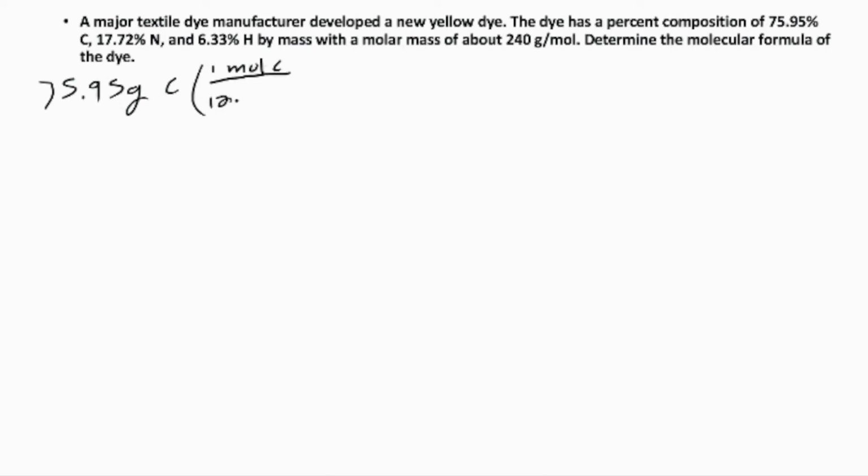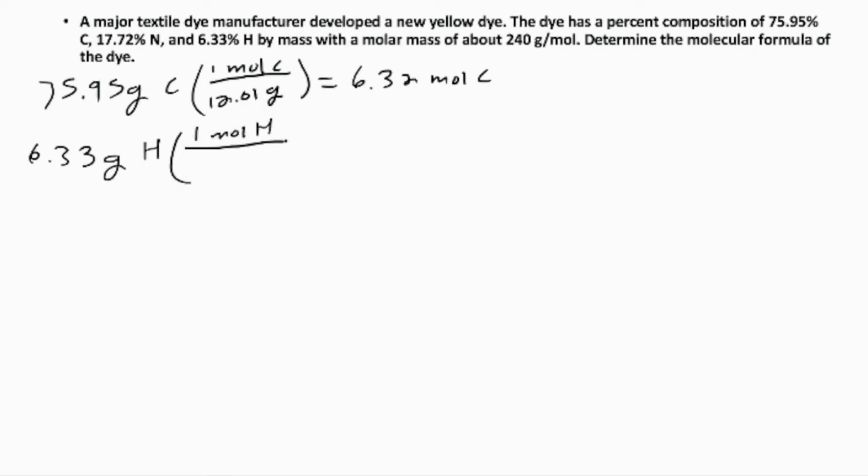So we're just going to take these masses and divide them by their molar masses and get the number of moles. So carbon would have 6.32 moles. If we take 6.33 grams of hydrogen and divide it by its molar mass, which again is 1.008 grams, we get 6.28 moles of hydrogen.